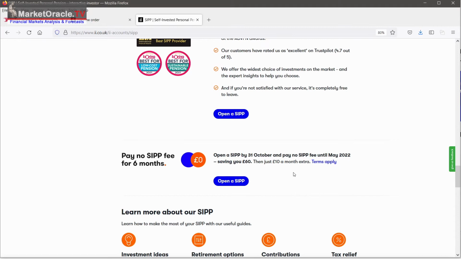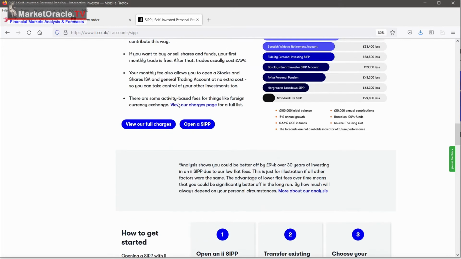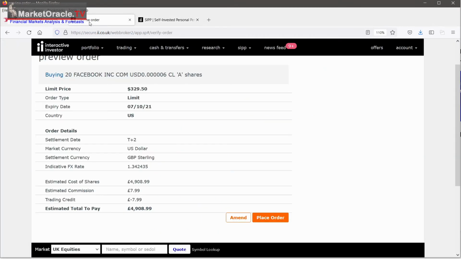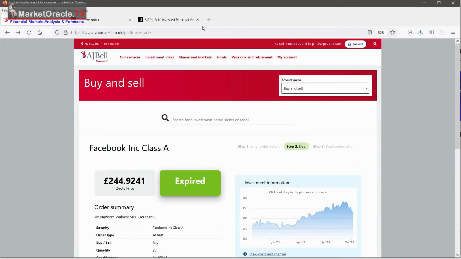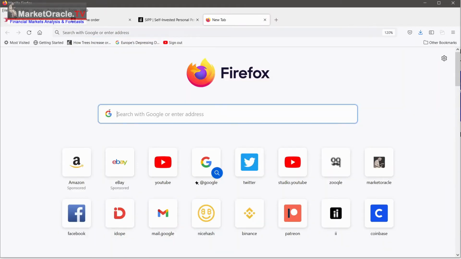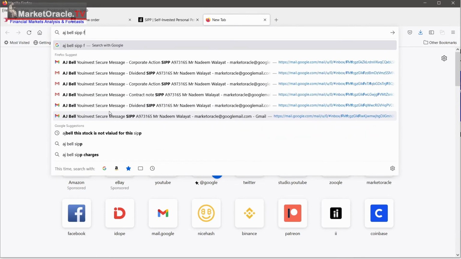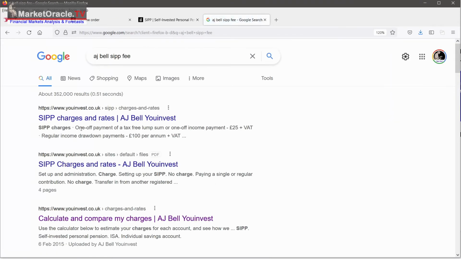Yeah, it's £10 extra per month you have to pay. So it does cost £10 extra, whereas AJ Bell's SIP fee is less. What's their SIP fee? I don't know. Let's have a look. AJ Bell SIP fee.